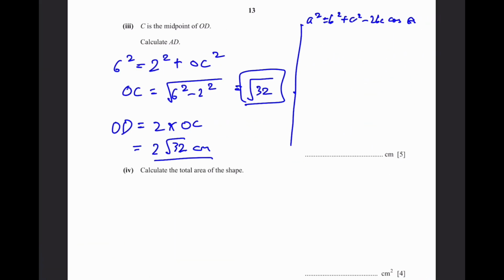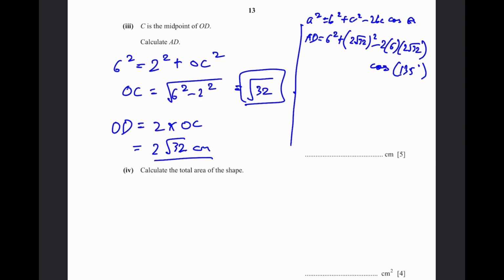It does not really matter. So a squared is what we need to find. AD squared is equal to b squared, which is, let's say, 6 squared, plus c squared, which is 2 times root 32 squared, minus 2 times 6 times 2 root 32 times the cosine of the angle 135 degrees, which we know.